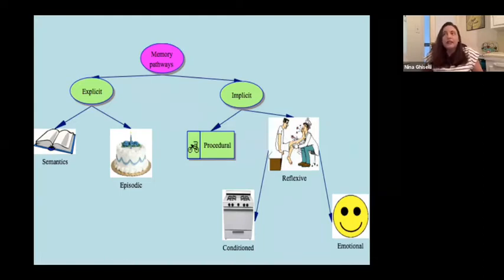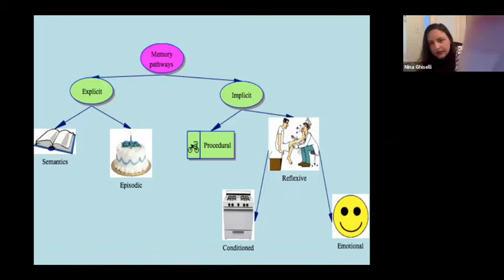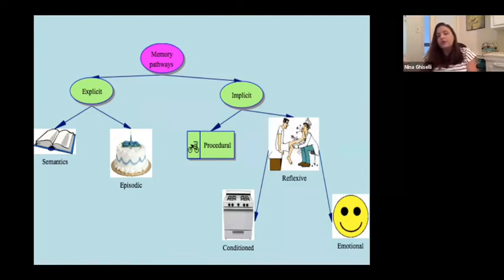Something is conditioned when you get some type of benefit from it. Like if I'm touching my stove, touch, touch, touch, and then it's hot, I pull my hand away. The reward is that I'm not in pain anymore. That's a pretty good one. So that's conditioned.